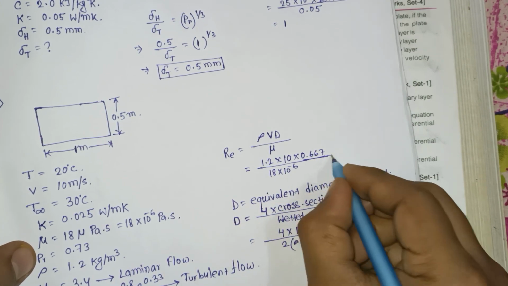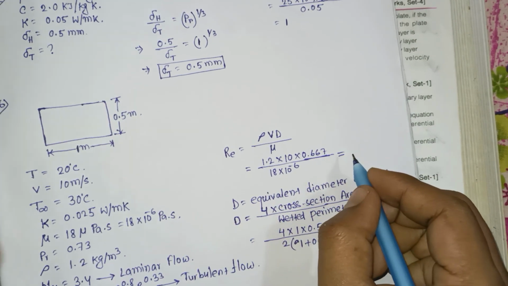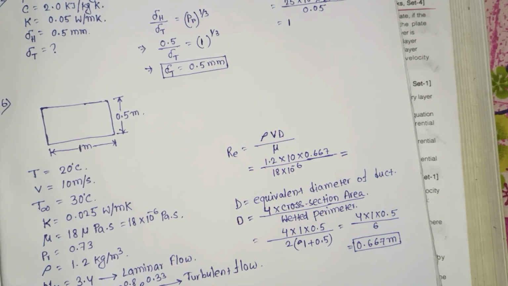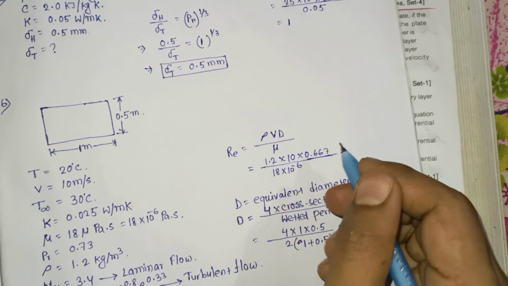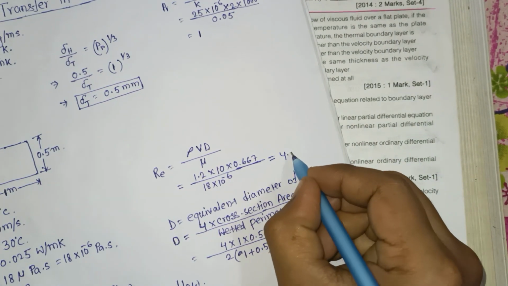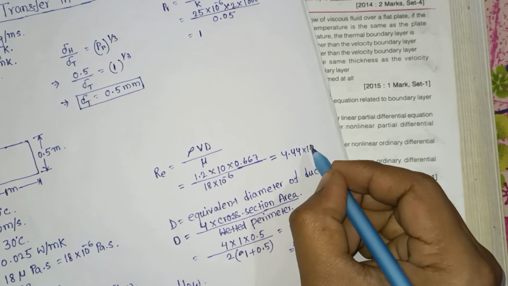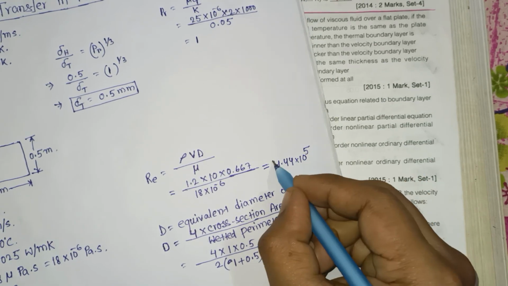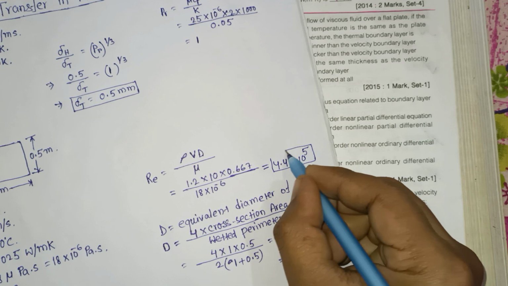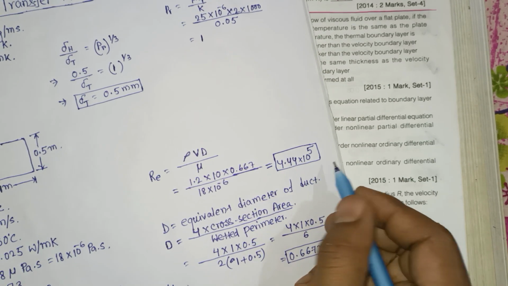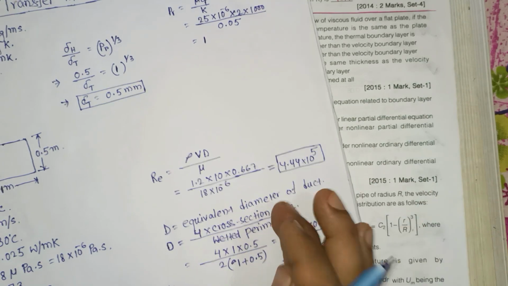If you calculate this value, it will be 4.44 into 10 to the power 5. So this is the correct answer.